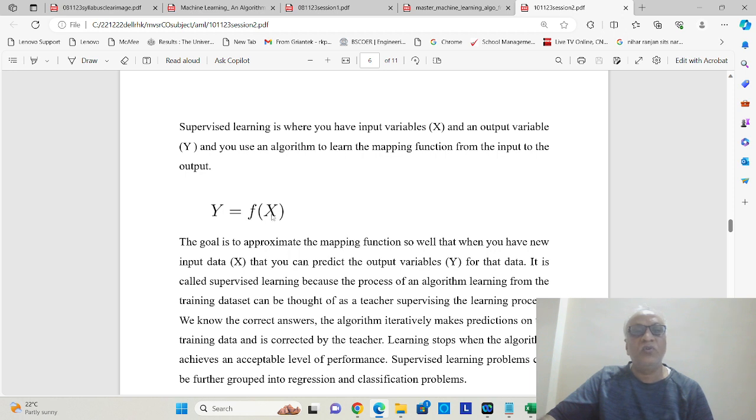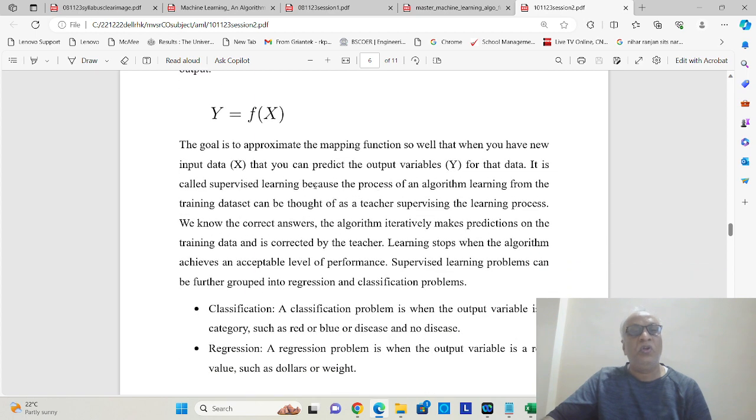Here x is an input variable, y is our output variable. We are using an algorithm which will be the mapping function from the input to the output. What is the ultimate goal? The mapping function should be good, so that if you have any new data, then you can predict the output correctly.